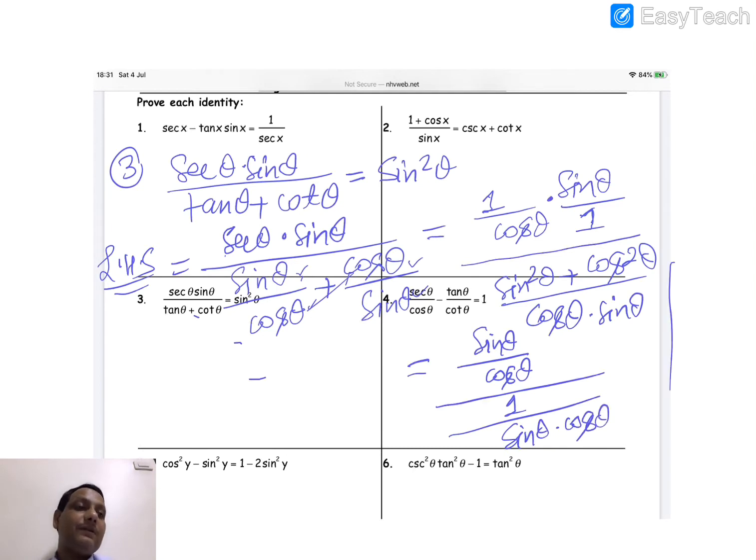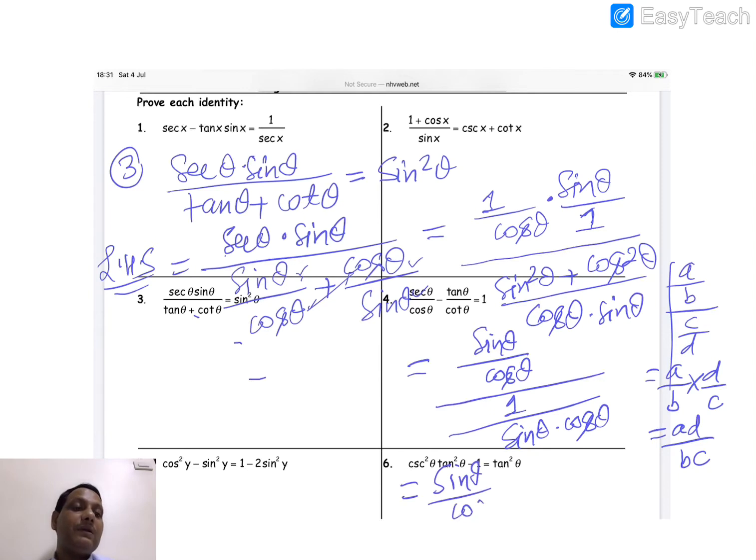As you all know, I'll give you a tip that people generally don't know: a/b divided by c/d. We can write this as a/b times d/c, so it's going to be ad over bc. The same thing we are going to implement here, and we get sin theta over cos theta times sin theta into cos theta.